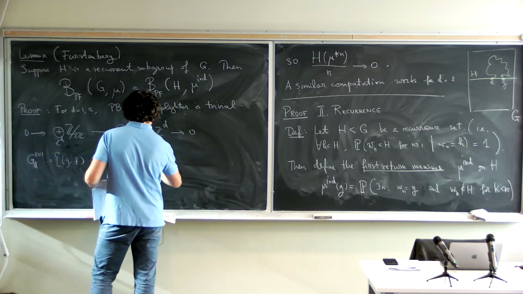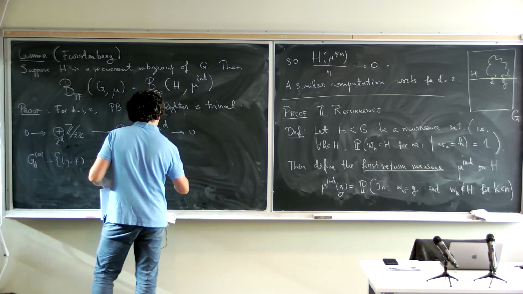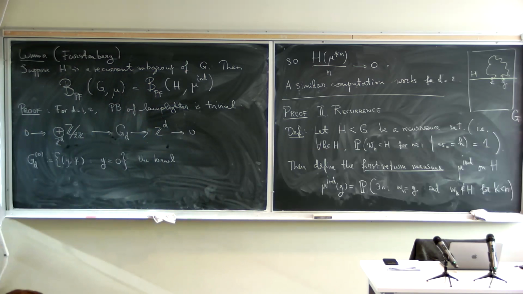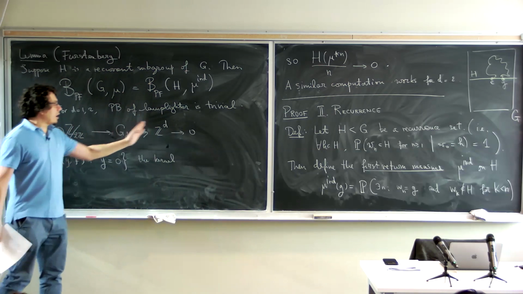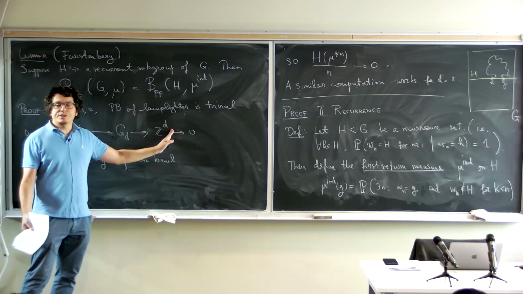This is the kernel, the space of configurations where the walker is at 0. You want to say that this is a recurrent subgroup, and it is, because the induced random walk on Z^D is recurrent.